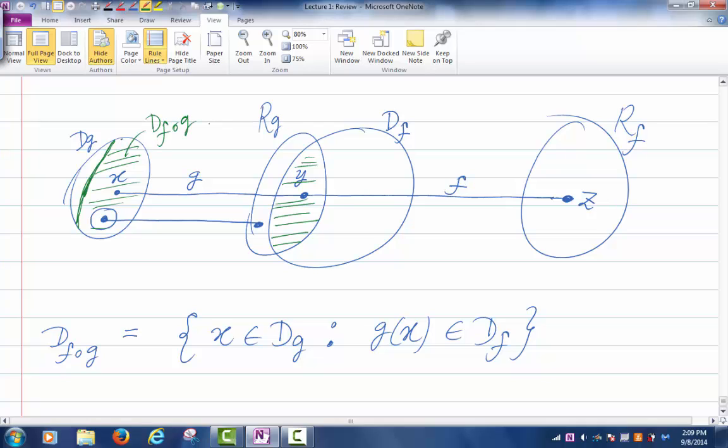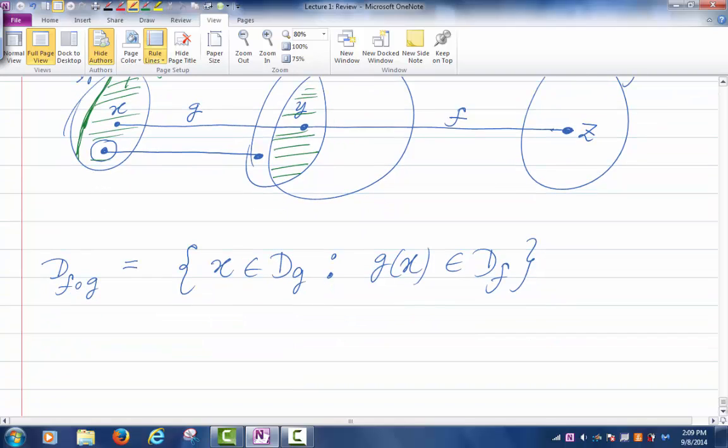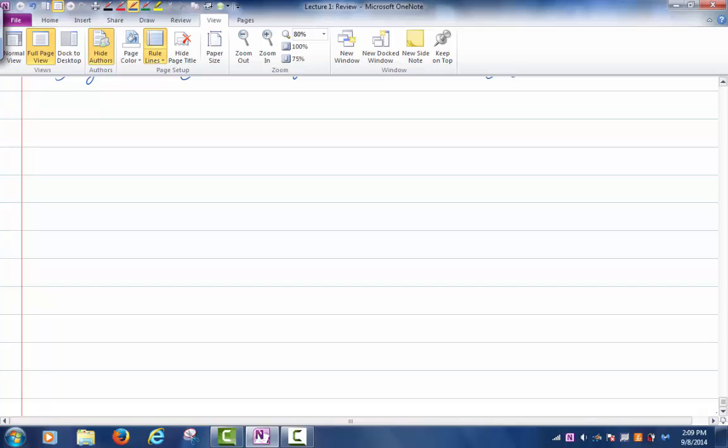I think the best thing to do is do some examples and explain that. Let's take an easy example first. Let's take f of x is x squared plus 1, g of x is x minus 3.